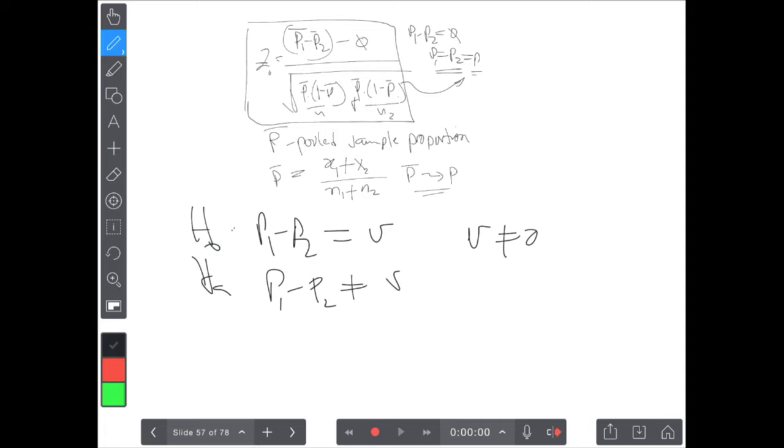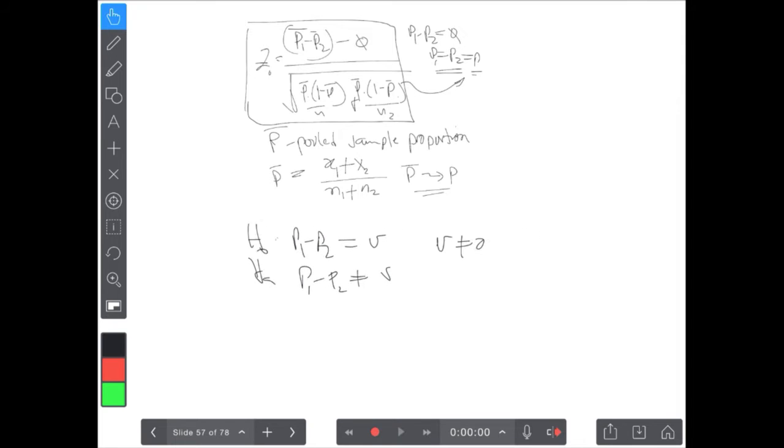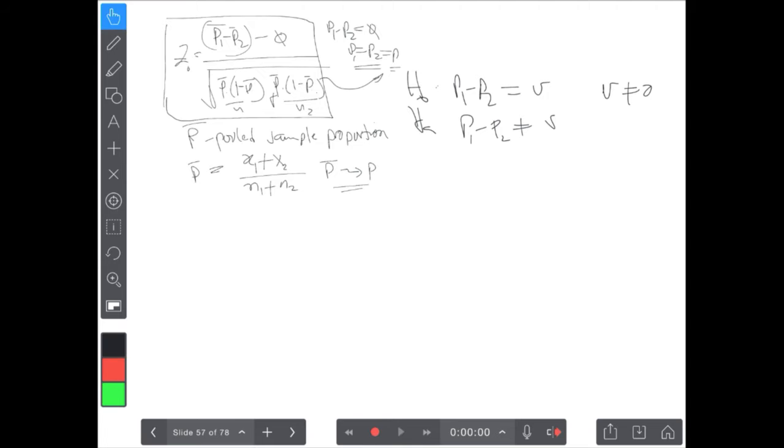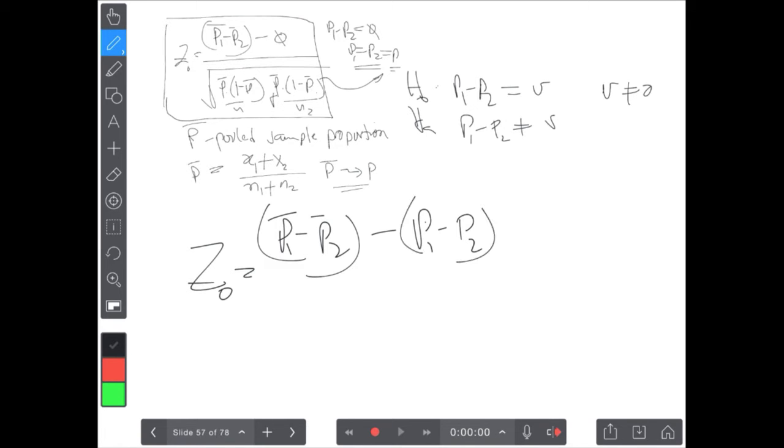So in this case, what we will end up doing is having to use a different test statistic, but not all that different, just that we are going to use the sample estimates to work with us in this case. So what we would have is Z0 would be p bar 1 minus p bar 2 minus whatever that value difference is, but we'll just put p1 minus p2, whatever that value.